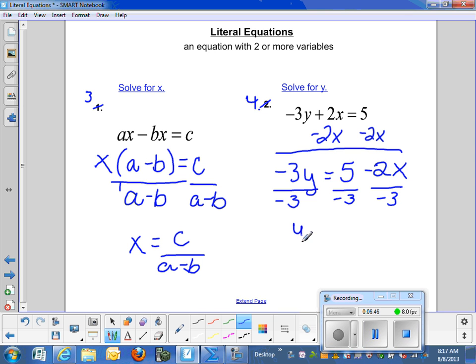So that leaves me y equals, I have 5 divided by negative 3. I'm just going to write it as negative 5/3. A negative 2x divided by a negative 3, well, these two negatives make a positive.